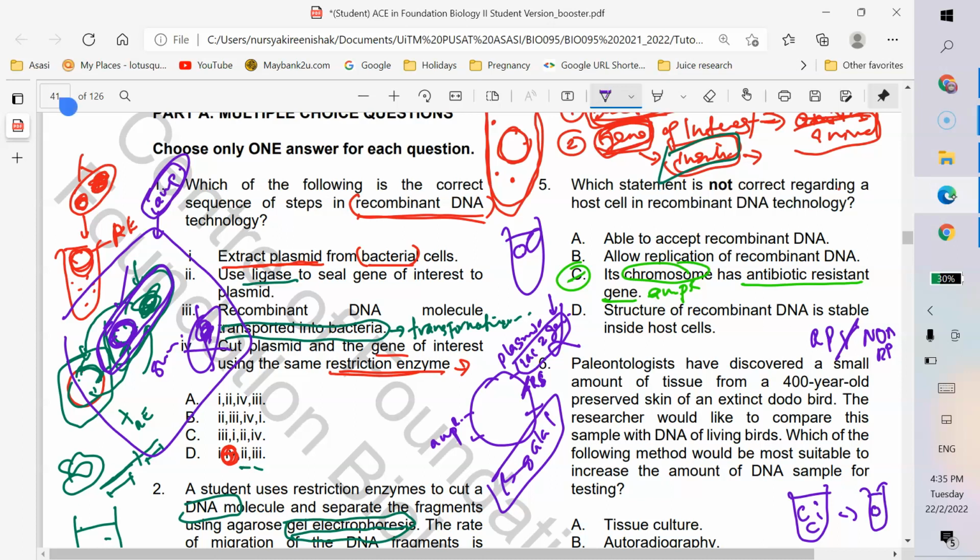Ada plasmid yang akan bercantum balik semula tanpa mengambil sebarang gene of interest. Dia akan tutup balik semula and producing non-recombinant plasmid. Okay. So, ada dua jenis bakteria. Bakteria yang ambil recombinant plasmid, bakteria yang ambil non-recombinant plasmid, ada juga bakteria yang tak ambil any plasmid. Yang tak ambil any plasmid, you screen using ampicillin resistant gene. Bakteria yang ambil plasmid, sama ada recombinant ataupun non-recombinant, you screen using LacZ gene.